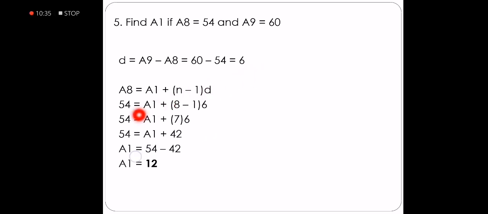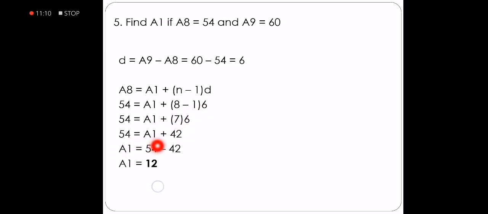So we have a sub 8 equals a sub 1 plus the quantity n minus 1 times d. You can also use a sub 9, but I used a sub 8. So 54 equals a sub 1 plus the quantity 8 minus 1, where n is 8, times our common difference, 6. 54 equals a sub 1 plus 8 minus 1, which is 7, times 6.